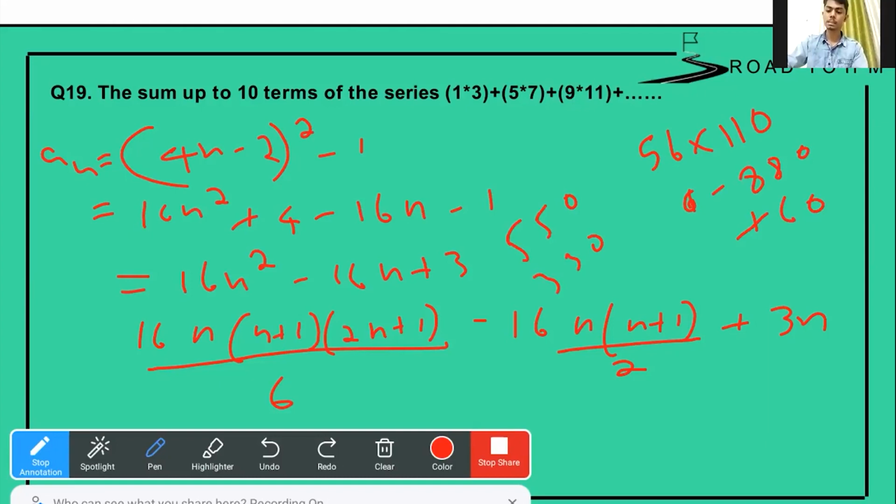So 6160 minus 880 plus 60. This is the answer. Find the answer and you can drop it in the chat box or whatever.